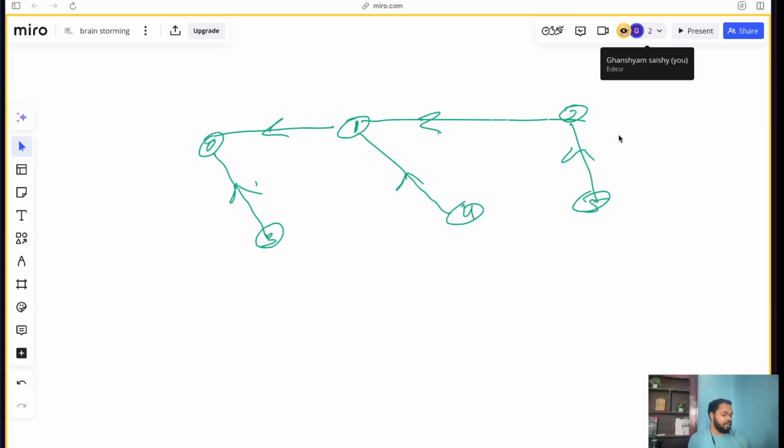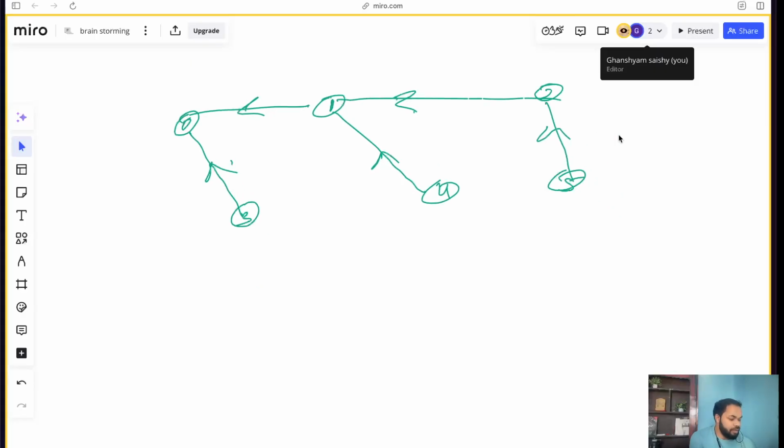So here we have it. What we can do is again traverse all the nodes. That is the brute force solution most probably.